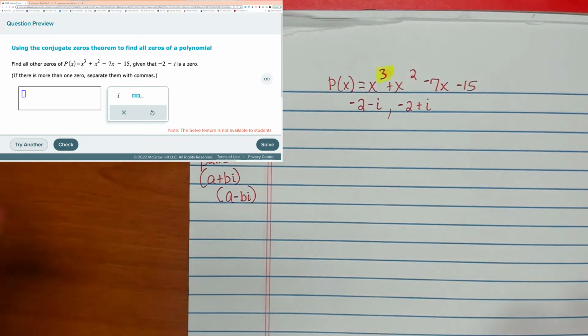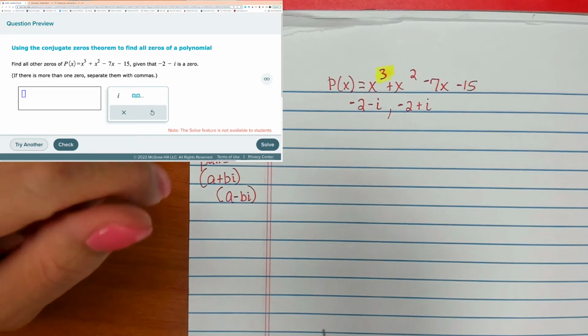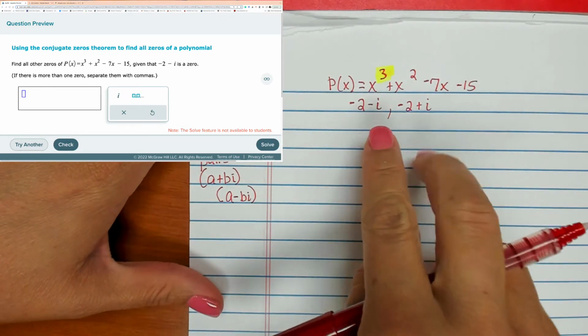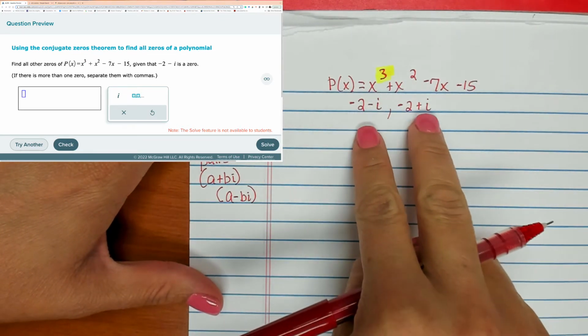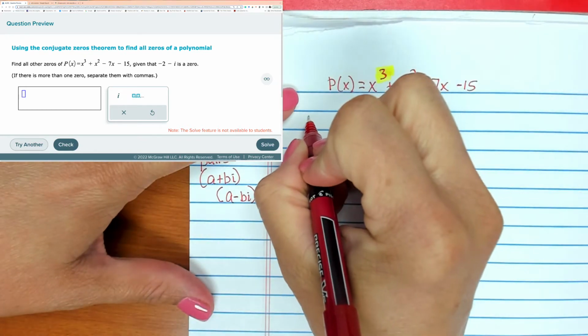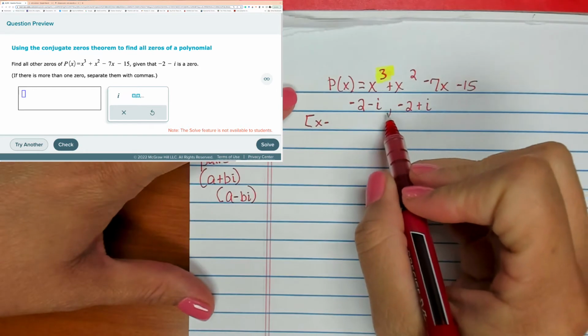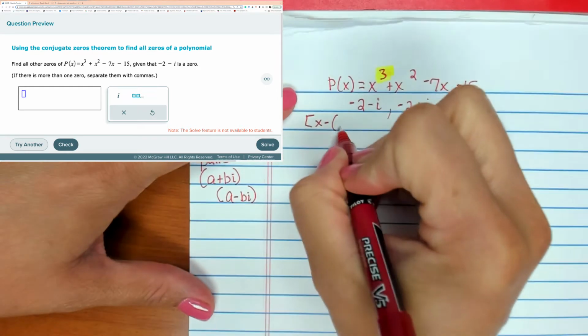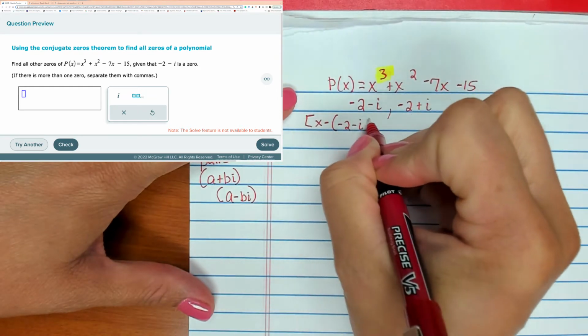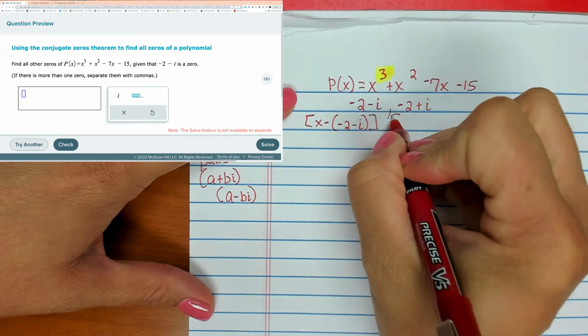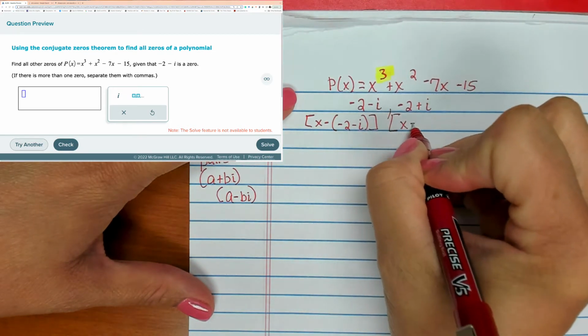Well, there's a few different ways, but what I would do, since I have 2 roots, is take these roots and write them in what we call factored form. Y'all bear with me.